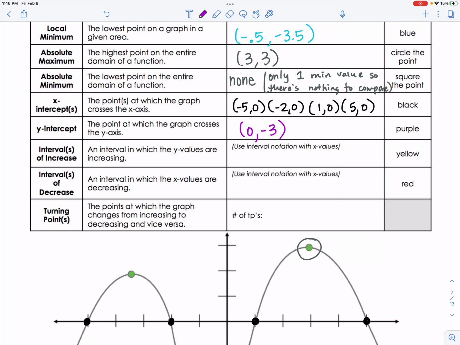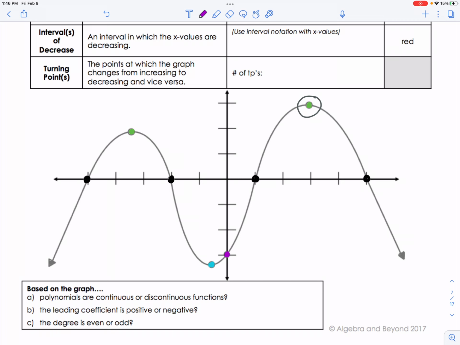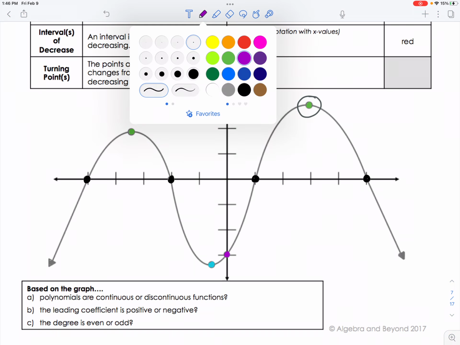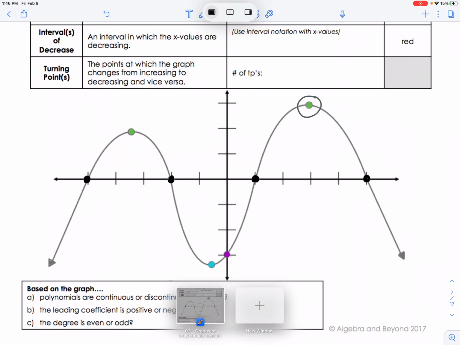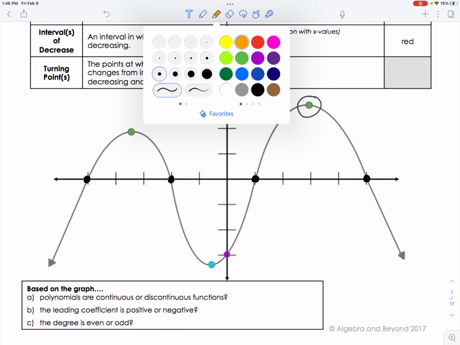Now we're going to be using interval notation here. Interval notation with the x values says an interval in which the y values are increasing. So we just want to look at the graph and ask, where am I going up? Where is my graph increasing? Where would my slope be positive? I'm going to do that in yellow. So where is it increasing?